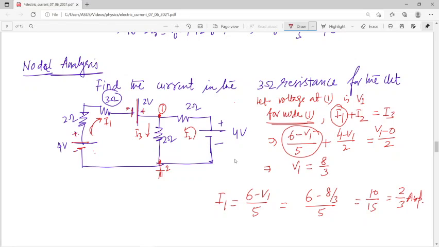That type of question can be solved easily if we consider nodal analysis. That is the beauty of nodal analysis.